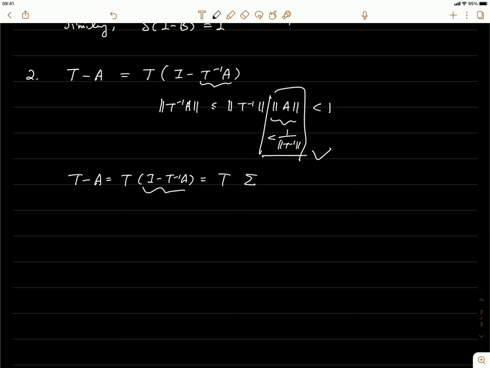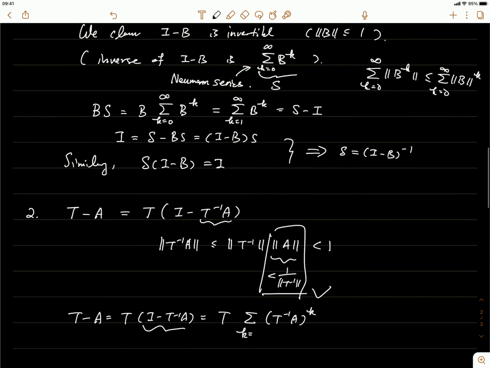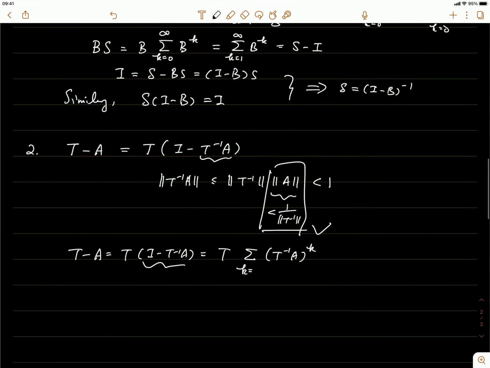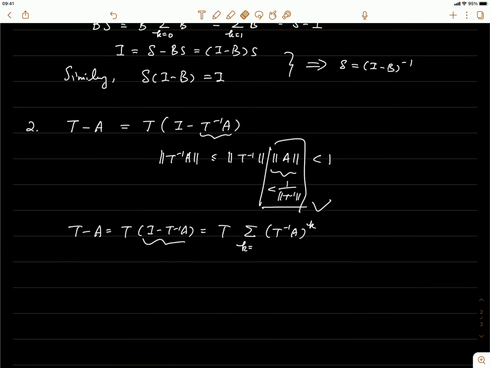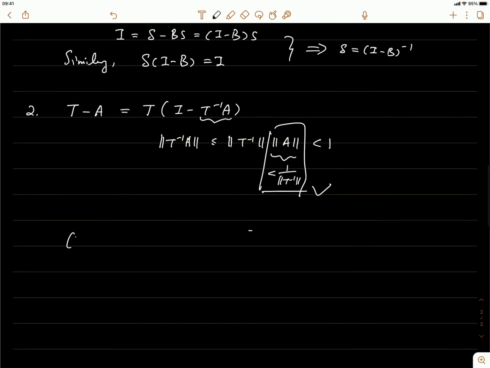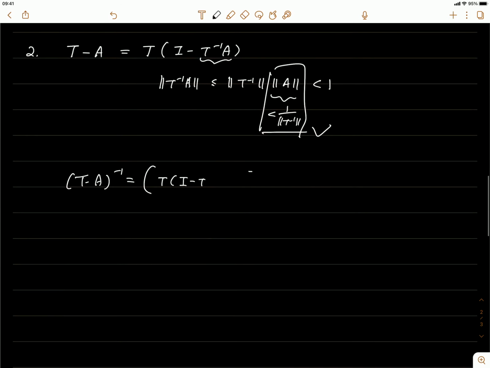Let me do it this way: the inverse of this is equal to I minus T inverse A, inverse, times T inverse.